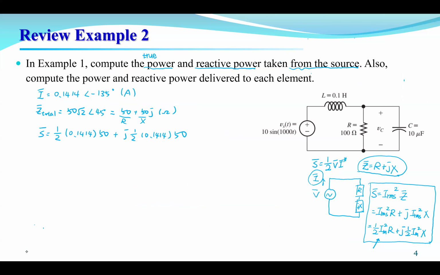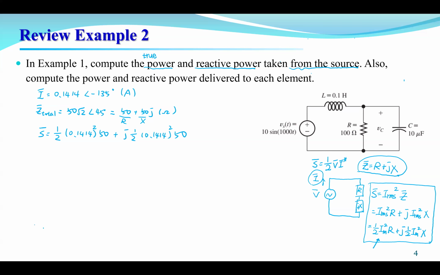We have 25 times 0.1414. Oh, square. Yeah, I missed the square. That's why there was something weird. So let me double check.